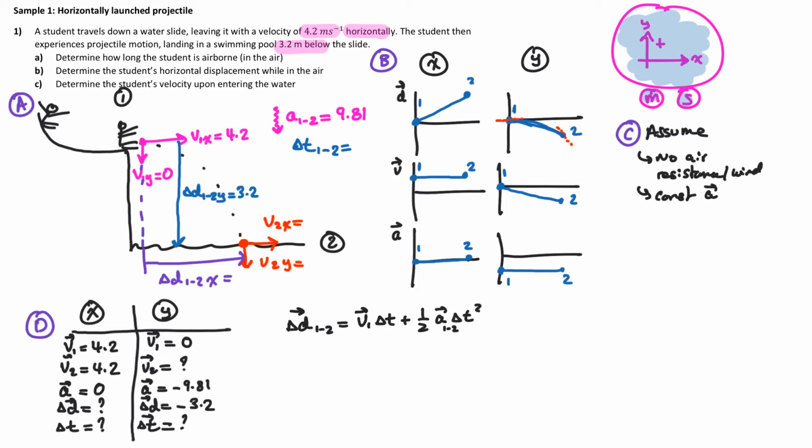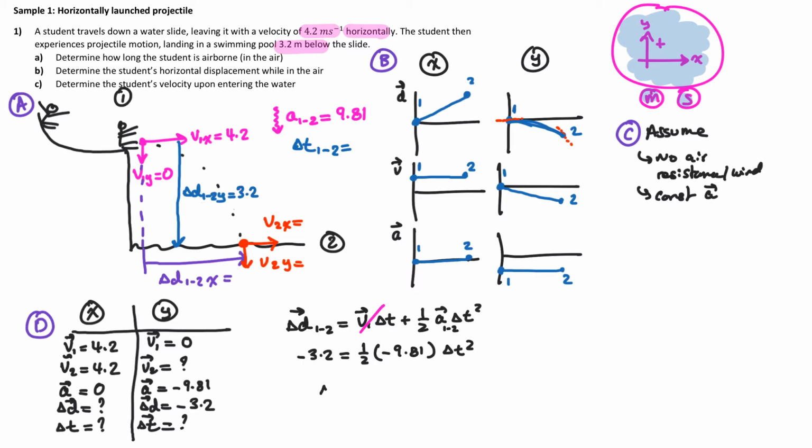And I'm just going to plug in the values. So velocity 1 is 0. That makes this whole situation a lot easier. And my displacement is negative 3.2. I got 1/2 times the acceleration. So that's 1/2 times negative 9.81 times delta t squared.